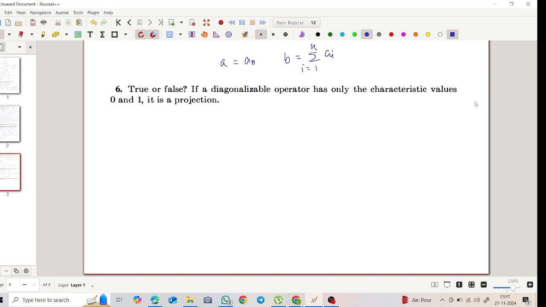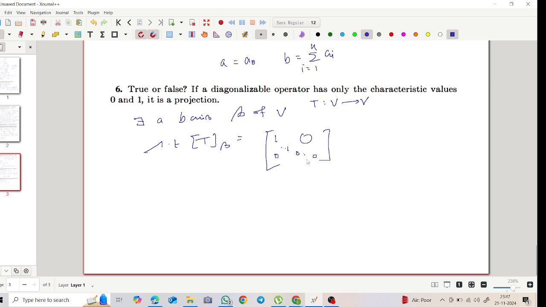So, since T is diagonalizable, there exists a basis beta of V, maybe T is from V to V, such that the matrix of T with respect to that basis is this, 1 0 1, and then again the eigenvalues are 0. Okay, so what is this?